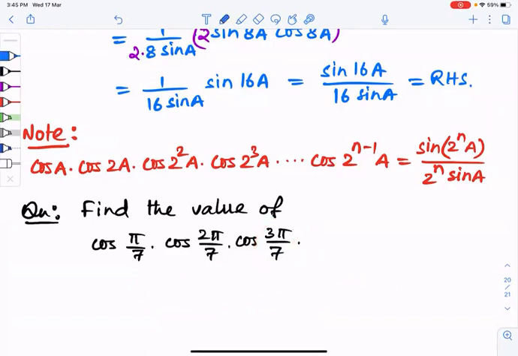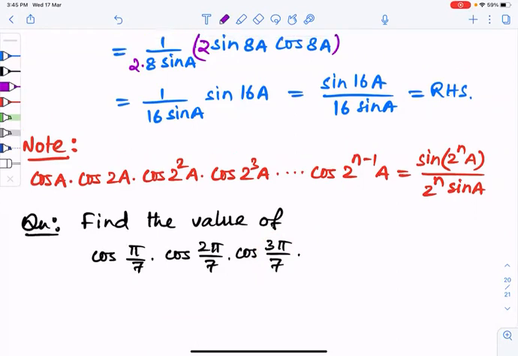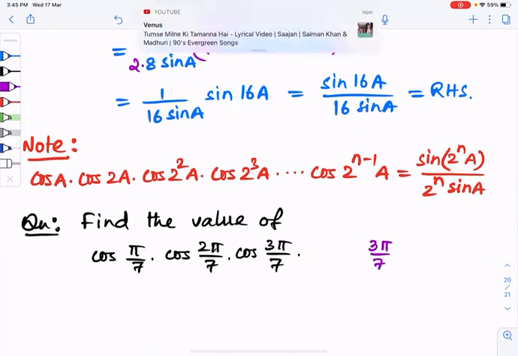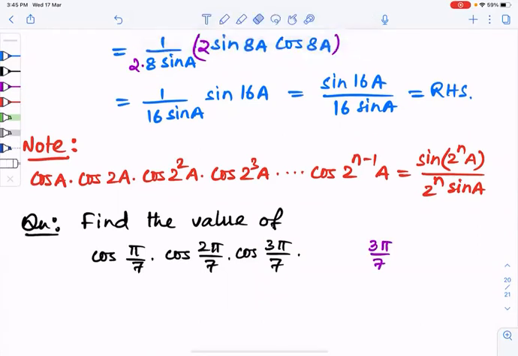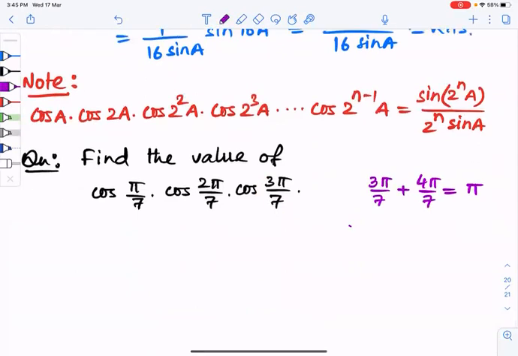You know that 3 pi by 7 plus 4 pi by 7 is equal to pi. If I add them, it will be pi, 180 degrees. So that implies 3 pi by 7 is equal to pi minus 4 pi by 7.